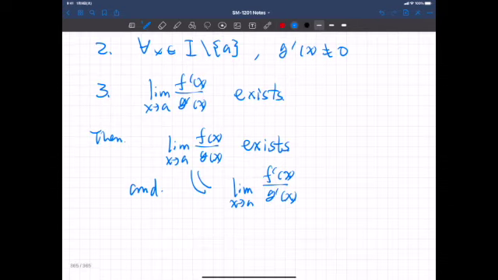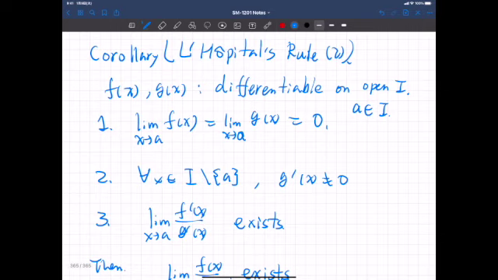So even if this limit is an indeterminate form, this limit of the ratio between derivatives may not be an indeterminate form. So in that case, we can calculate the limit. And of course, we can replace the first condition by plus minus infinities.